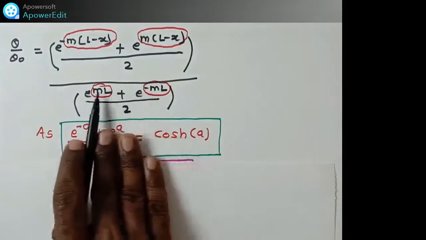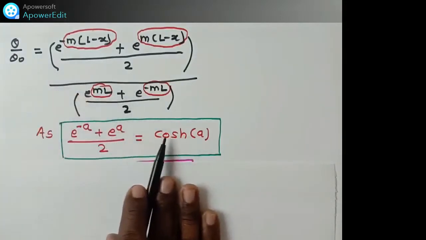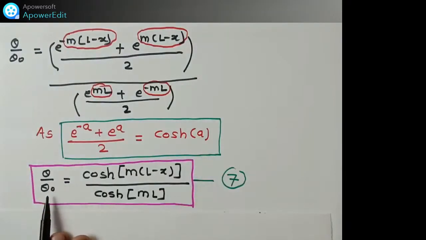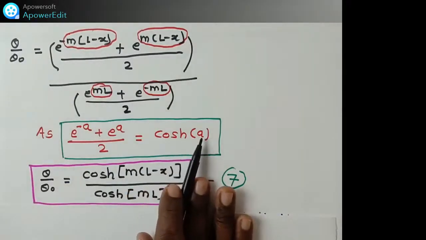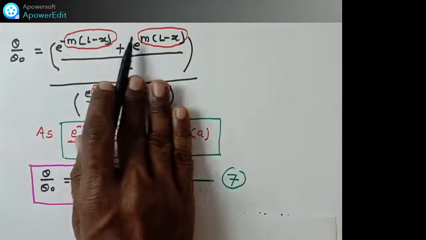Similarly at the denominator we can write cosh. So theta by theta 0 on the left side is equal to cosh, and for a at the numerator we can write m into L minus x.